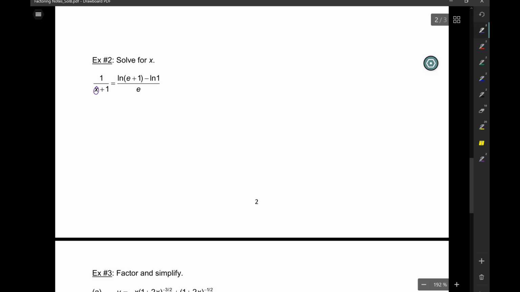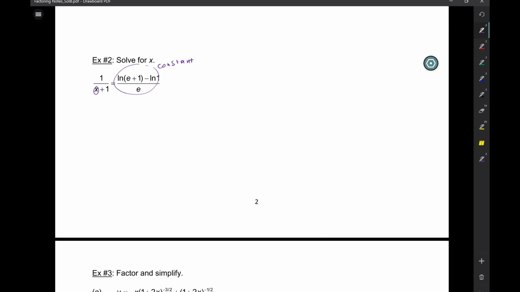It's a constant. What about ln of 1? Constant over e? Constant. So constant minus constant divided by constant. This whole thing is just a constant. It's just a number. It may have been like 3.782. We just wrote it like this in this more complicated form.